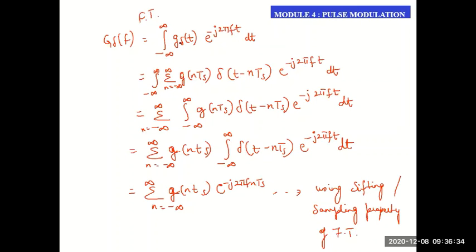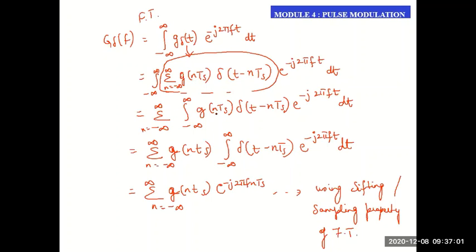So I substitute for g delta of t as g(nTs) into delta t minus nTs, into e power minus j 2 pi ft dt. Now I'll interchange the summation and integration. I'll take the summation outside, integration inside.